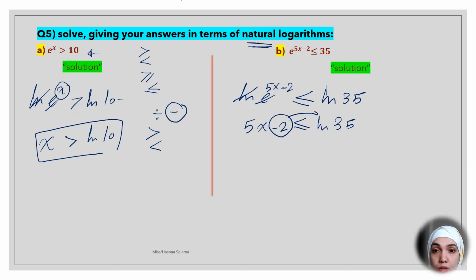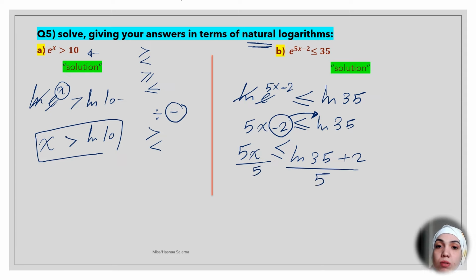The negative 2 goes to the other side with the inverse sign, so it becomes positive: ln 35 plus 2. I will divide by 5 because it is multiplication. Cancel, x less than or equal. I can write it as 1 over 5 with brackets ln 35 plus 2. Both are correct.